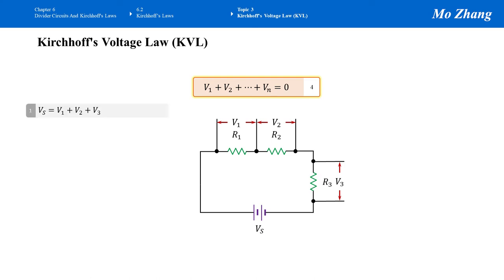Apply KVL. Vs equals V1 plus V2 plus V3, which means the total voltage provided by the source should equal all the voltage drops together. Or the source voltage, subtract V1, subtract V2, and subtract V3, equals 0. The net voltage of the system equals 0 volt.